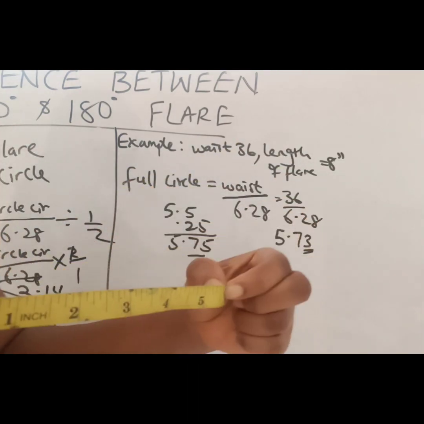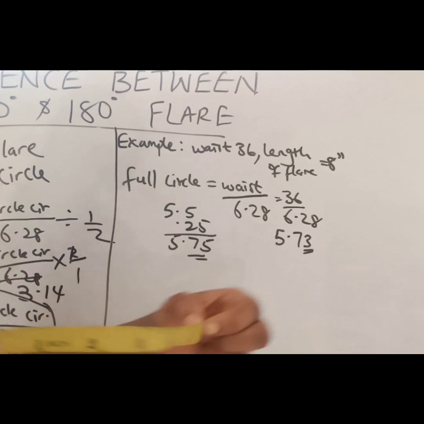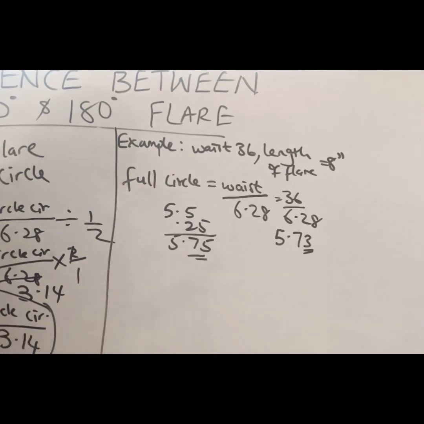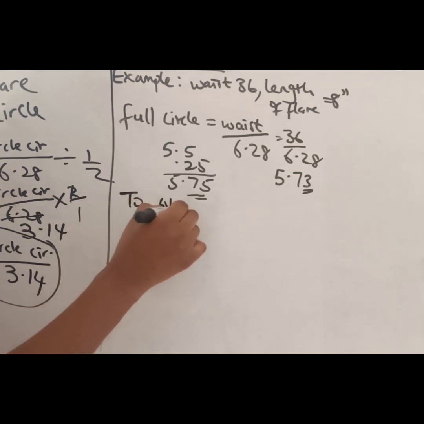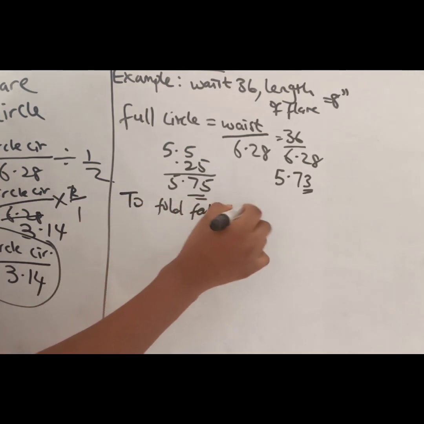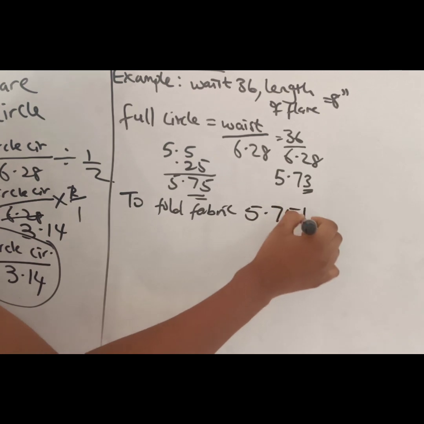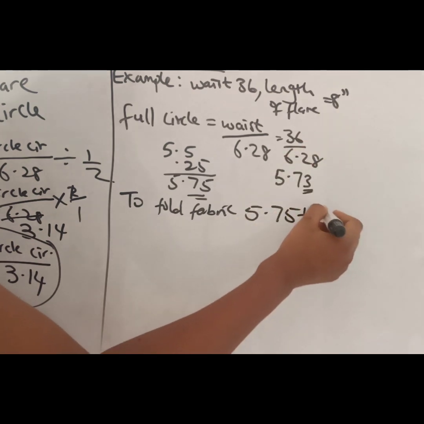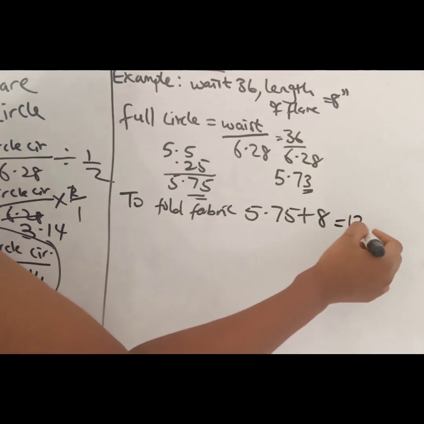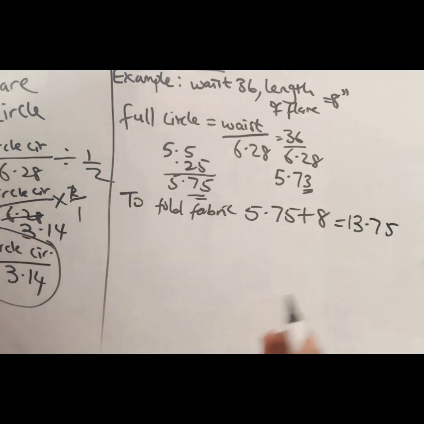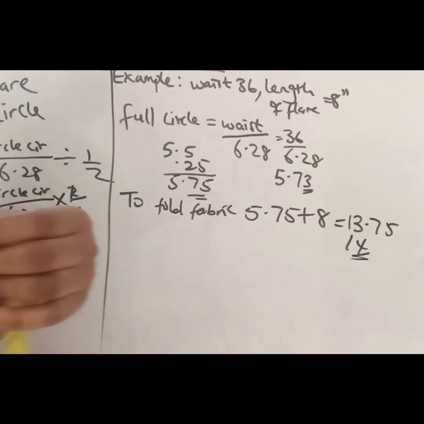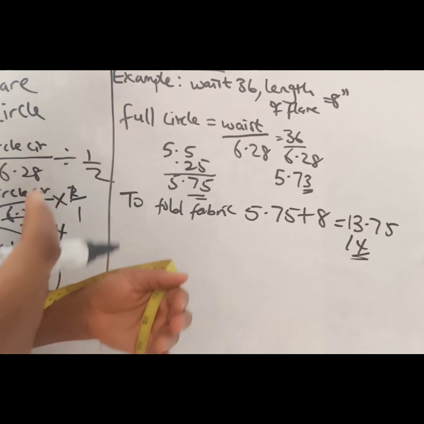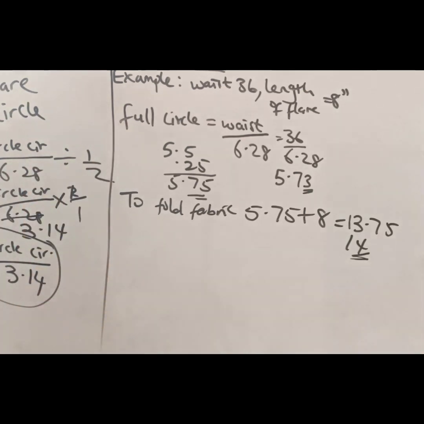To get how we are going to fold the fabric, we add 5.75 plus the length of flare, which is 8, and that is 13.75. You can approximate that to 14. So your fabric can be 14 inches by 14 inches to be able to fold it. I'll be showing us shortly how to fold it.